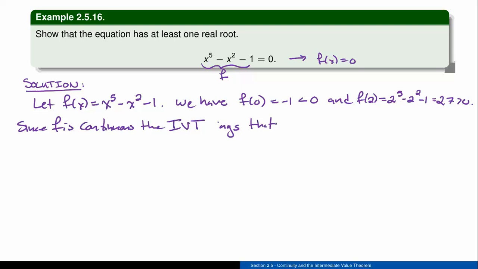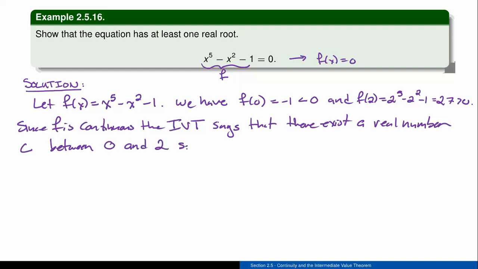well, what does it say? I know that if I have 2 points, 0 and 2, where this function switches signs, there's going to exist another point between those 2. So the intermediate value theorem says that there exists a real number, let's call it c, between 0 and 2, so that f of c equals 0.